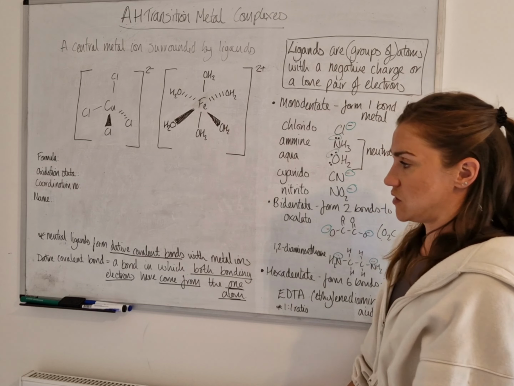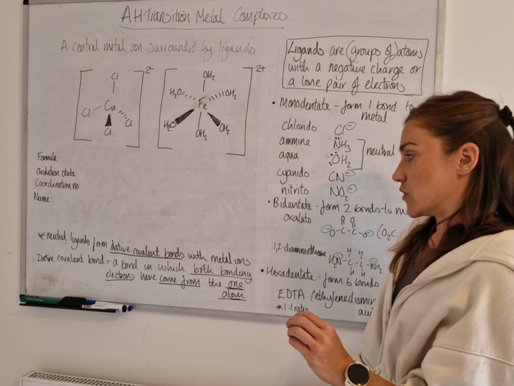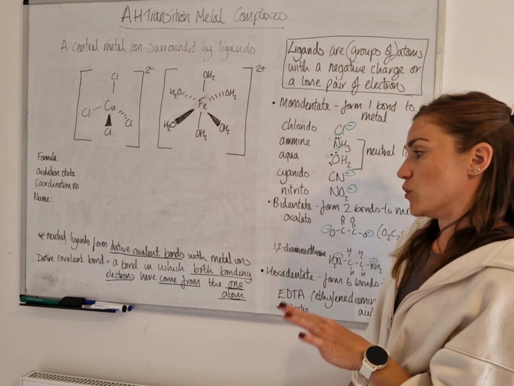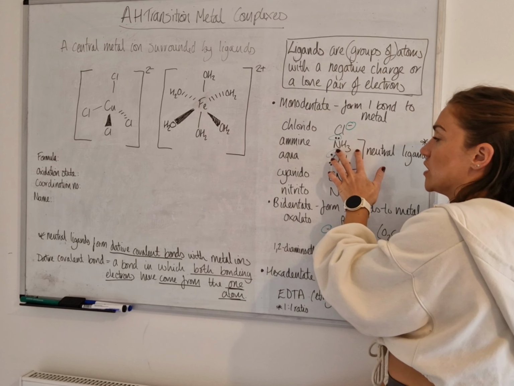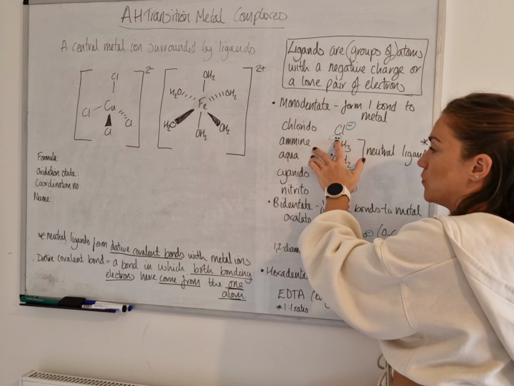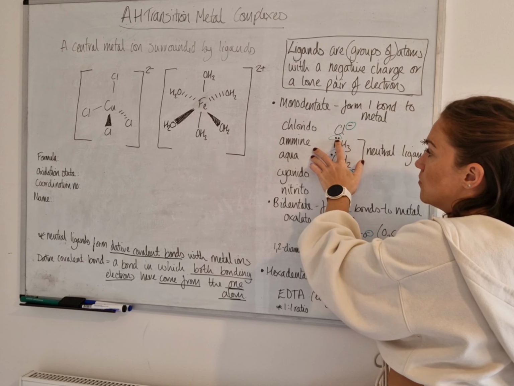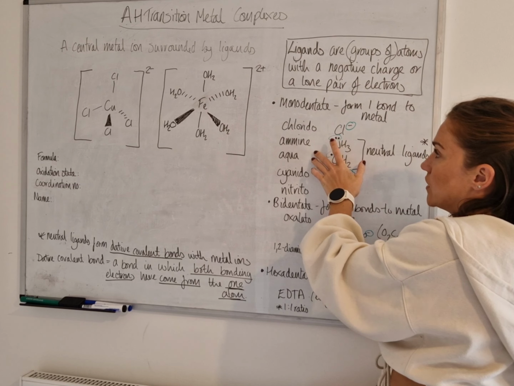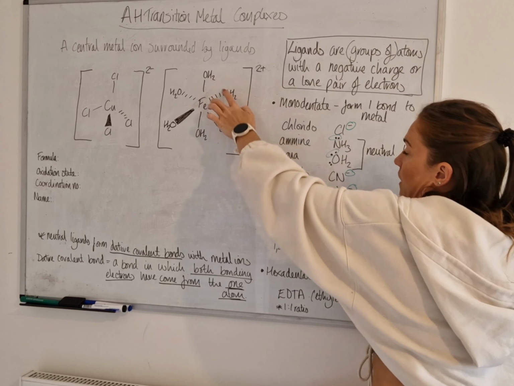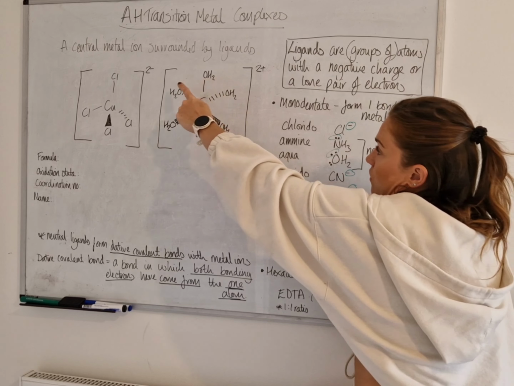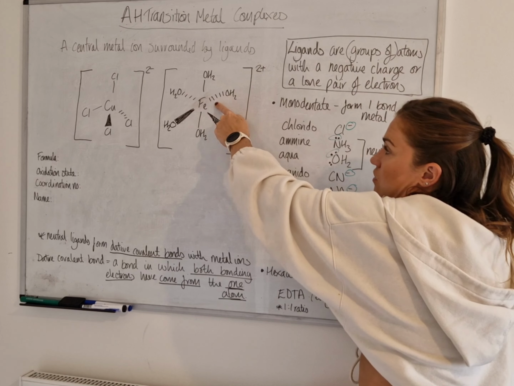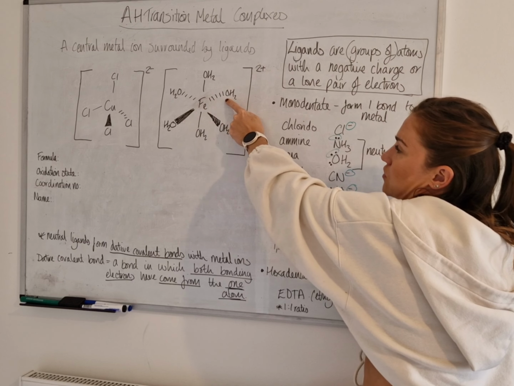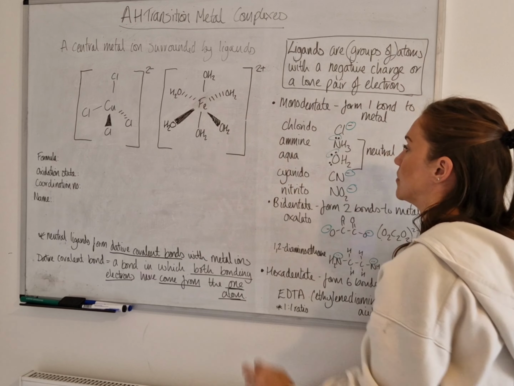So you need to know the definition of that. And a dative covalent bond is just a bond in which both of the bonding electrons have come from the one atom. So in the case of the ammonia, both bonding electrons have come from the lone pair on the nitrogen. In this complex here, you can see these waters are all bonded to the iron. It's the oxygen that donated two electrons to form that covalent bond.